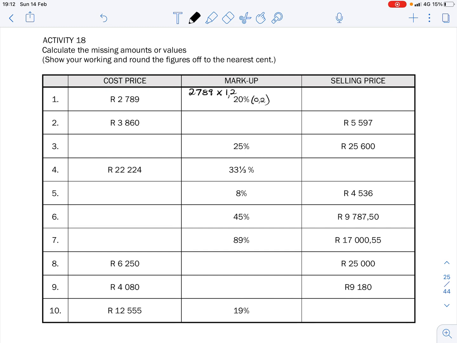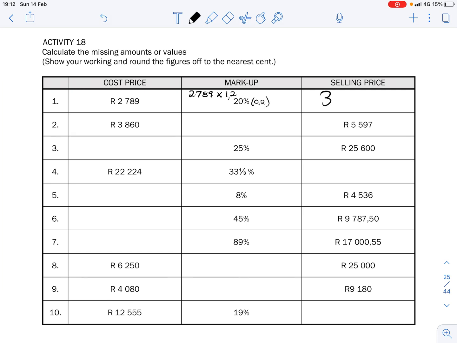That should give us a selling price of, and just bear with me, I'm getting a calculator out. $2,789 multiplied by 1.2, and that gives us a selling price of $3,346.80.